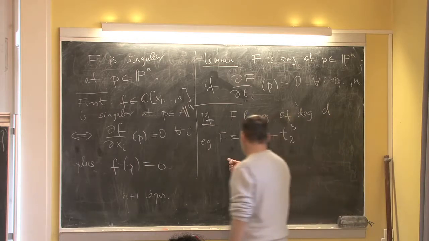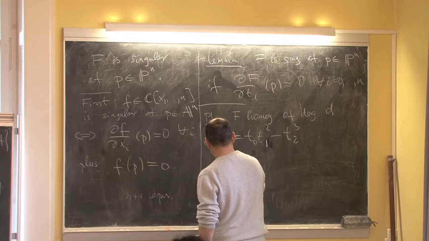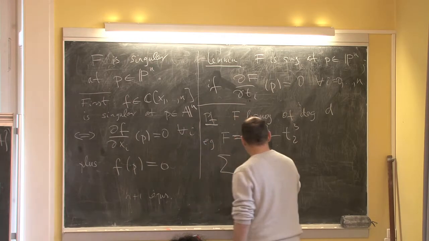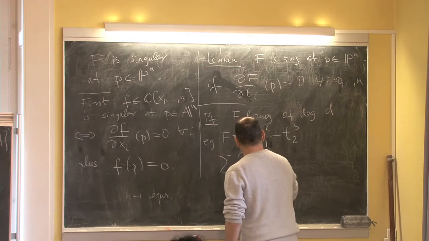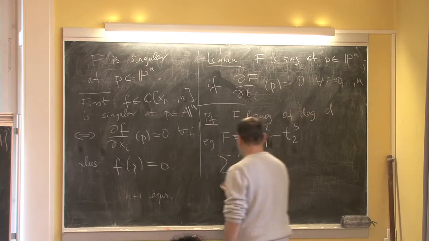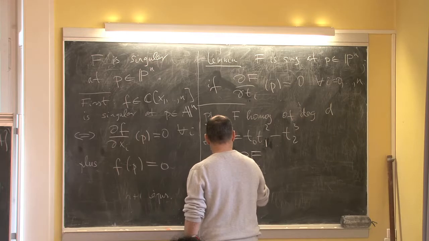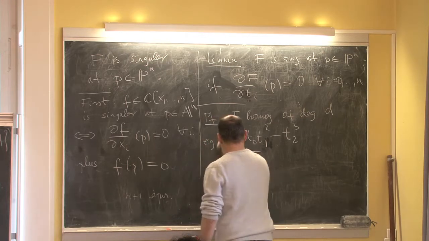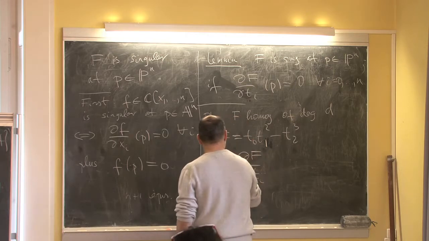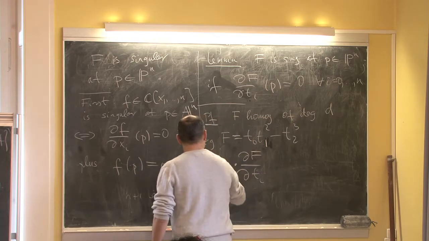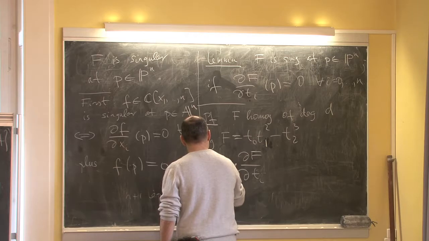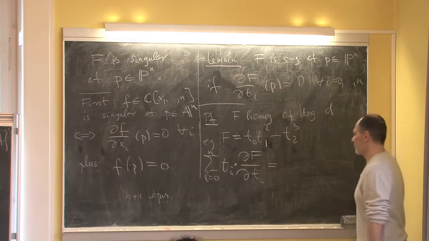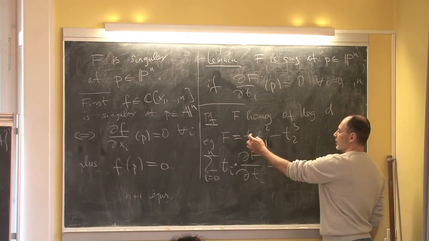Well, we can just look at the sum, the Euler equation, the sum of df/dti, and then I need to multiply this by ti. So what happens if I take the derivative with respect to, say, t0?